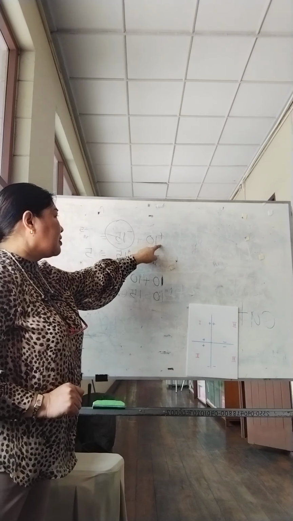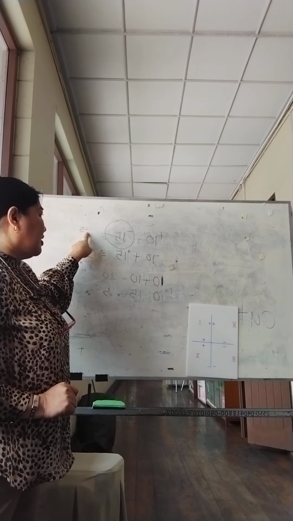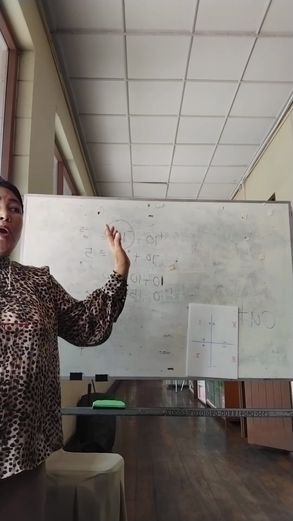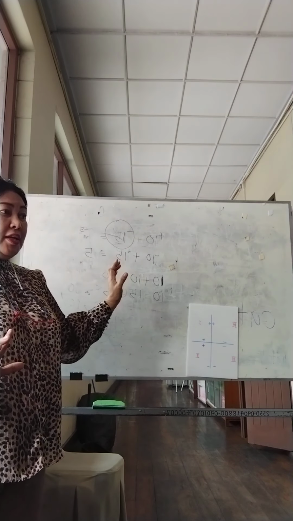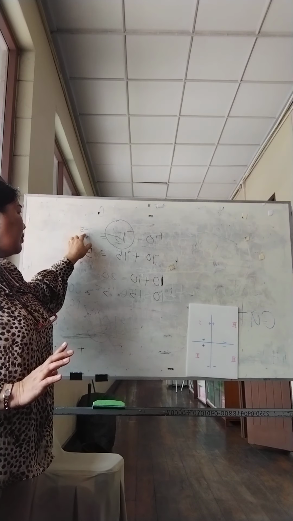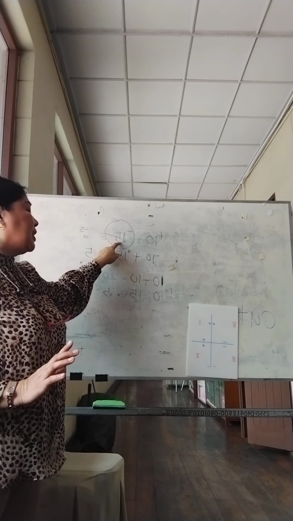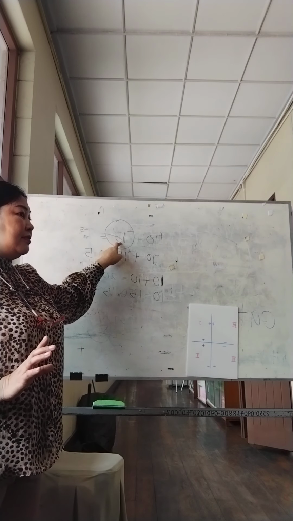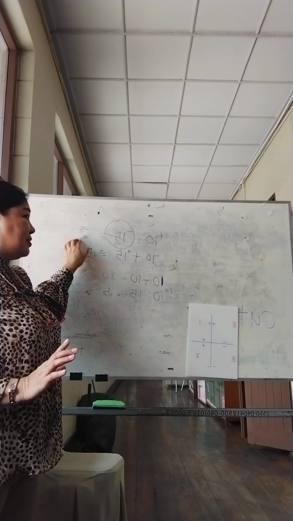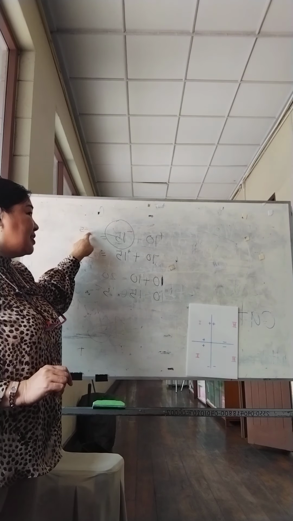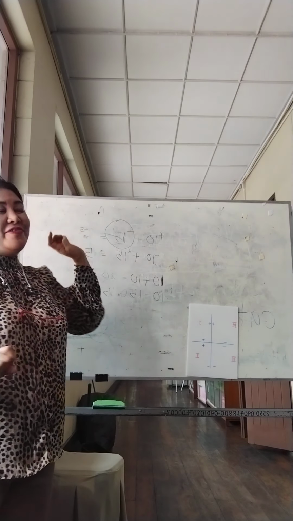The first, but here it is negative. So which one do you think? We are using negative now, but here positive, here negative. So which one do we use? Negative. Very good.